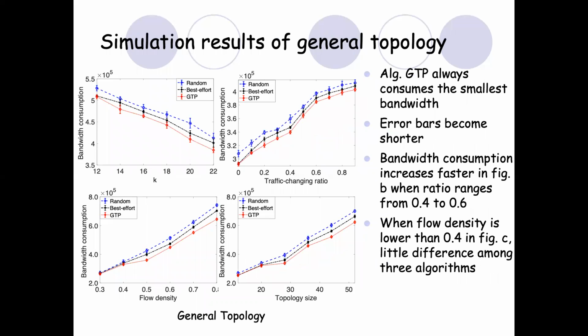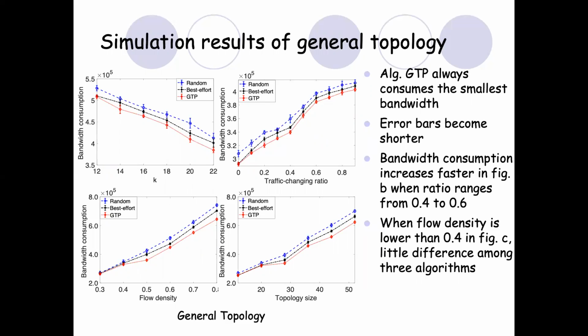For the simulation results of the general topology, we can see that our proposed algorithm GTP always consumes the smallest bandwidth. We found that the error bars become smaller than the previous one in the trees. The bandwidth consumption increases faster in figure 2 when the ratio changes from 0.4 to 0.6.